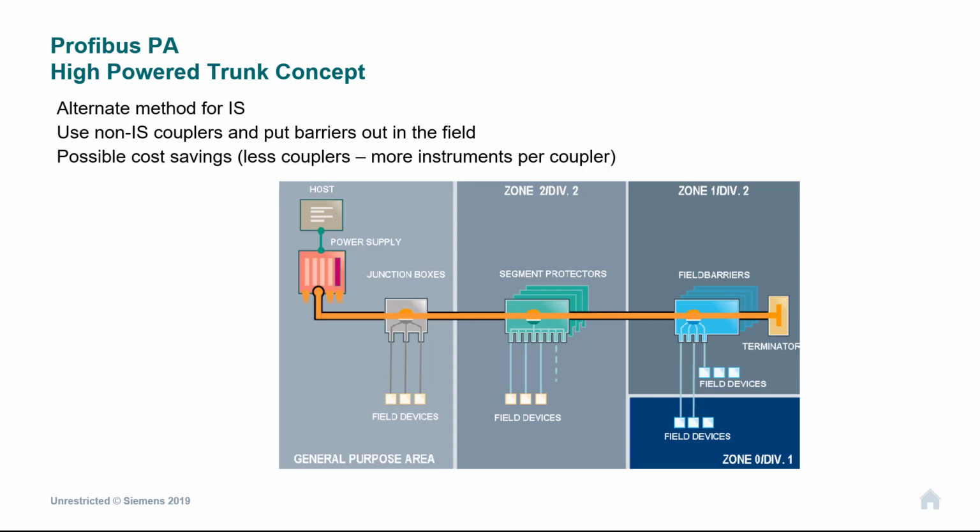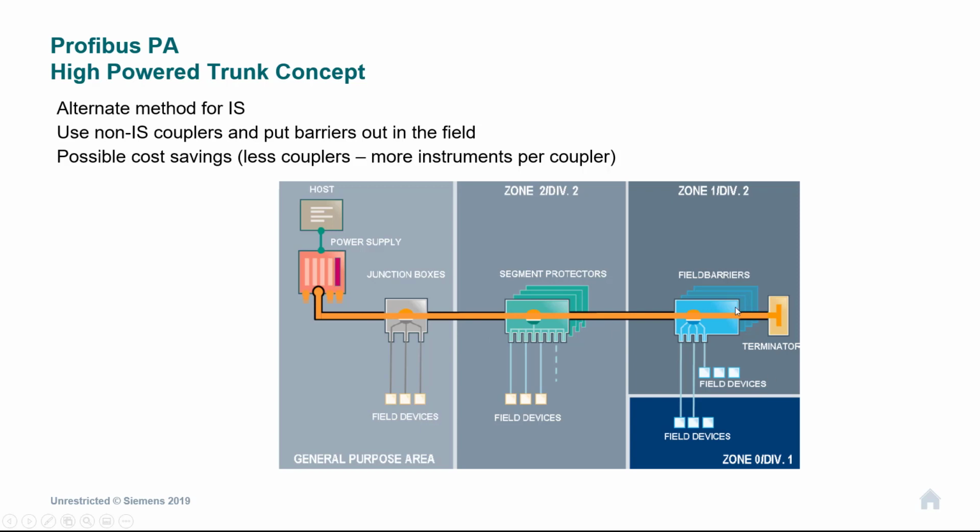So first of all, what it allows us to do, on one trunk cable we can have safe area and hazardous area connections. So we don't need the IS coupler now limiting us to 100 milliamps. We can put the 1 amp coupler in here. You have some special junction boxes, which we're going to come on to in a minute, that then give you the protection for different areas.